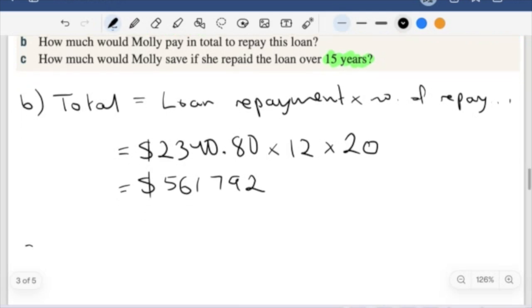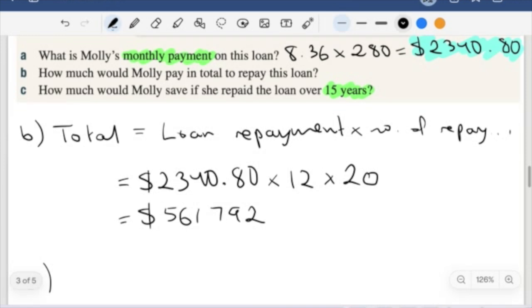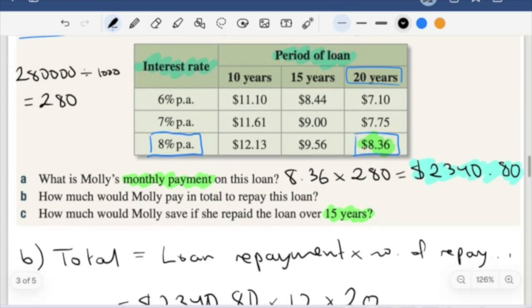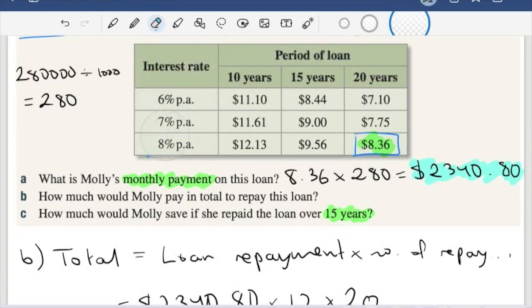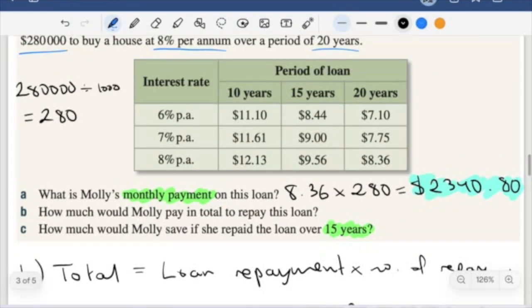Now, before we even do anything, we have 15 years here. So we need to go back to our table. If I just rub out these previous bits, I'm instead now looking at 15 years.